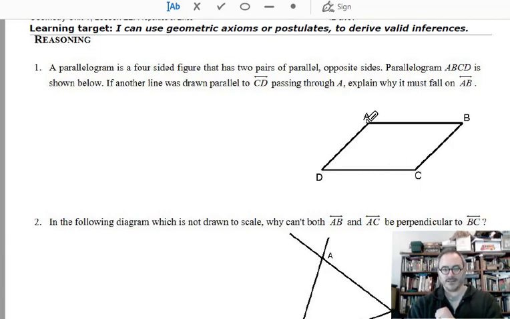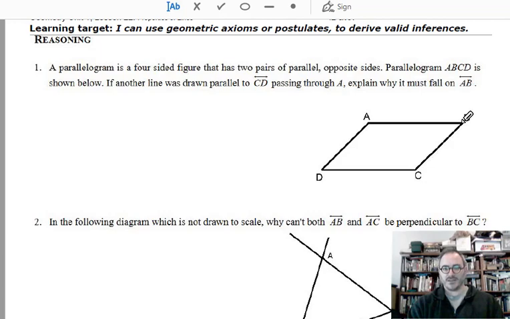If I draw a line parallel to CD, oh no, I didn't do that right. Let me try again. If I draw a line parallel to CD, and if that line also goes through point A, in fact, that one wasn't perfect either, was it, Mr. Sold? All right, I'm talking to myself now, in the third person, no less.